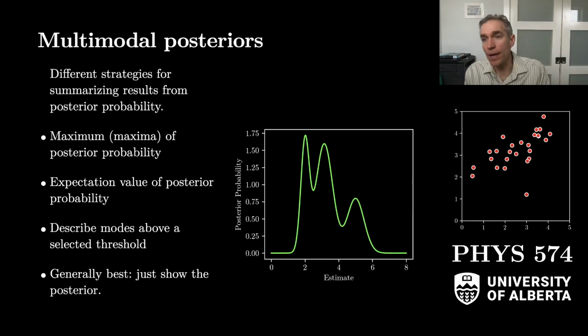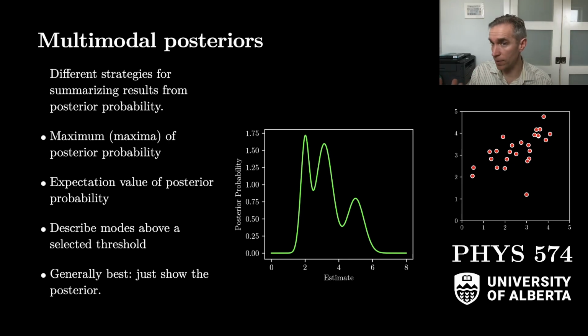there's a bunch of different strategies, and it depends on the problem and what you're trying to accomplish. You can go through and look at your posterior and pick out the modes of it. You could say that there are three distinct peaks here, and you could write down the widths and the locations of each of those peaks and describe that as a representation of the posterior.